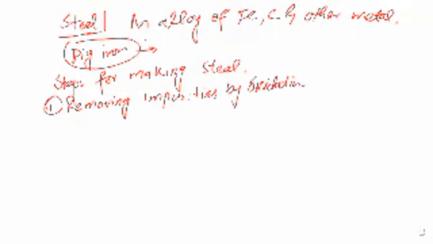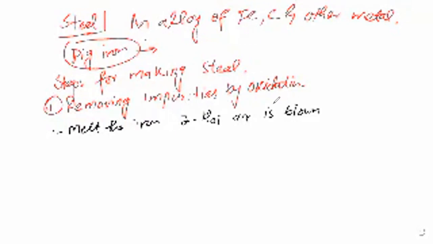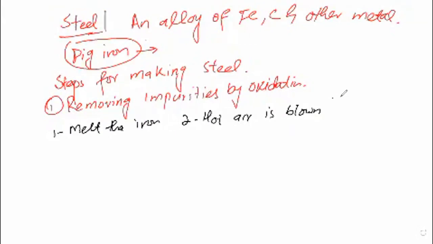How is it possible? First, we melt the iron. Second, hot air is blown. The hot air converts the impurities into their oxides and they are removed, escaping as gas.